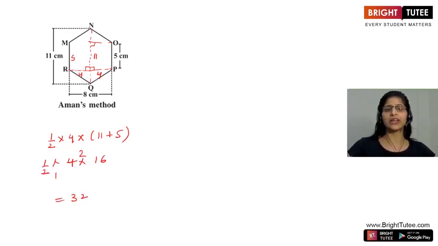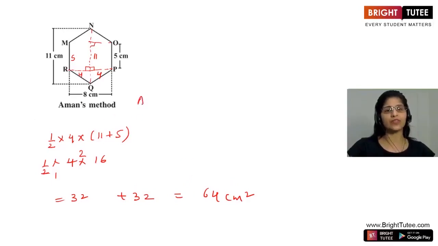For the second one also, we have the same sides 5 and 11 of the trapezium, and we have the height as 4. So 32 plus 32, because the second one is also going to be the same, is 64 square centimeter. So from both the methods we get the area as 64 square centimeter.